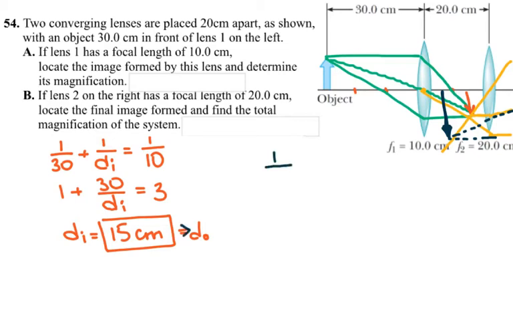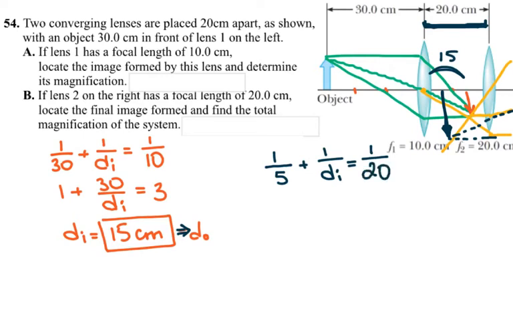The distance between the two lenses is 20 centimeters, and this distance is 15, so this one is 5, plus 1 over the distance to the image we're looking for, equals 1 over the focal length, which is 20.